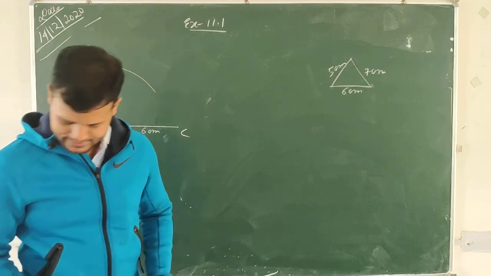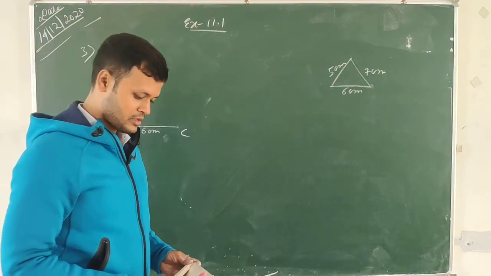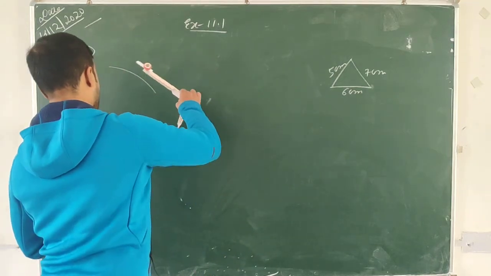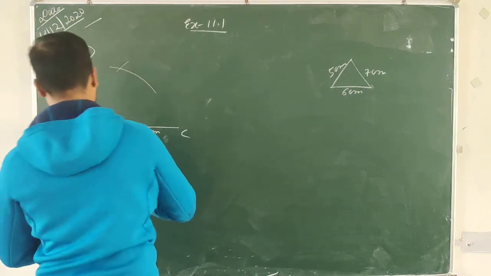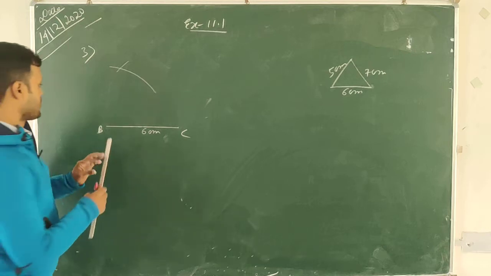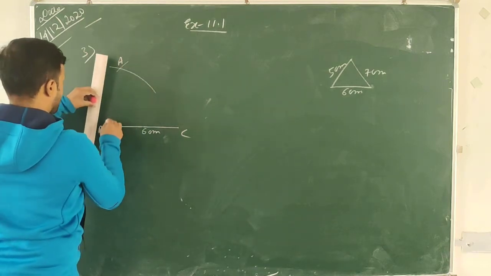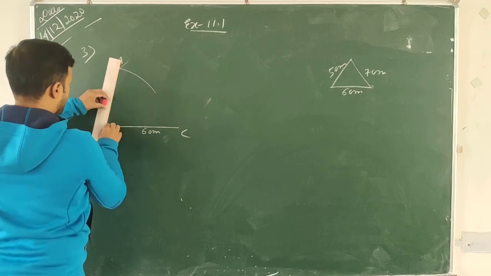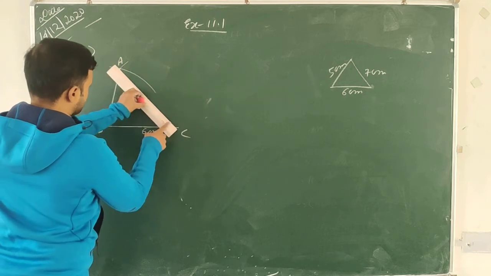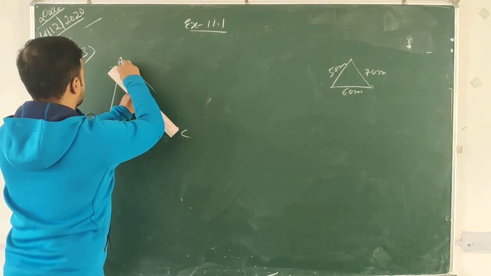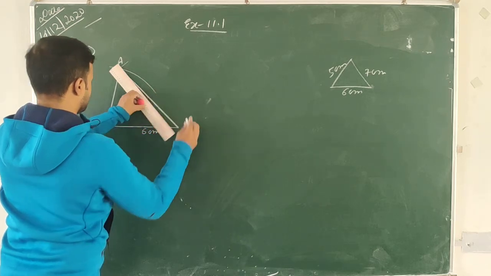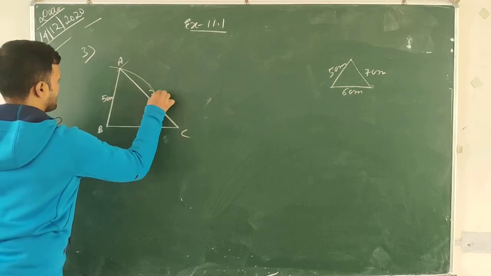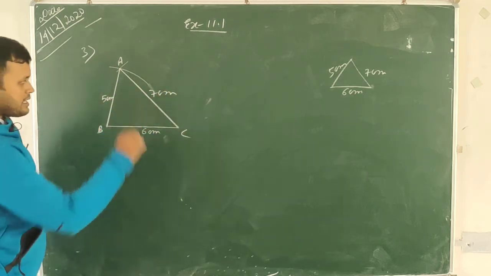Then take 7 centimeters as the radius. Five centimeters, 6 centimeters, 7 centimeters.